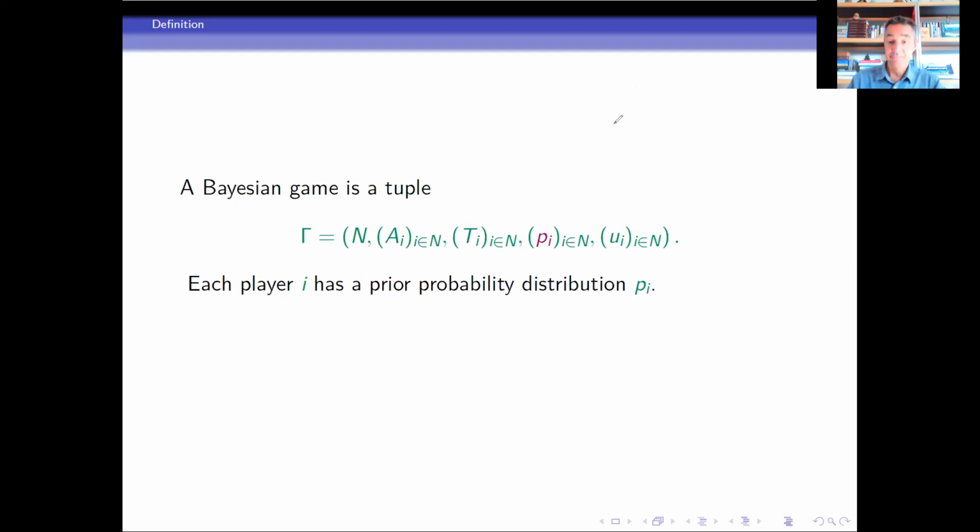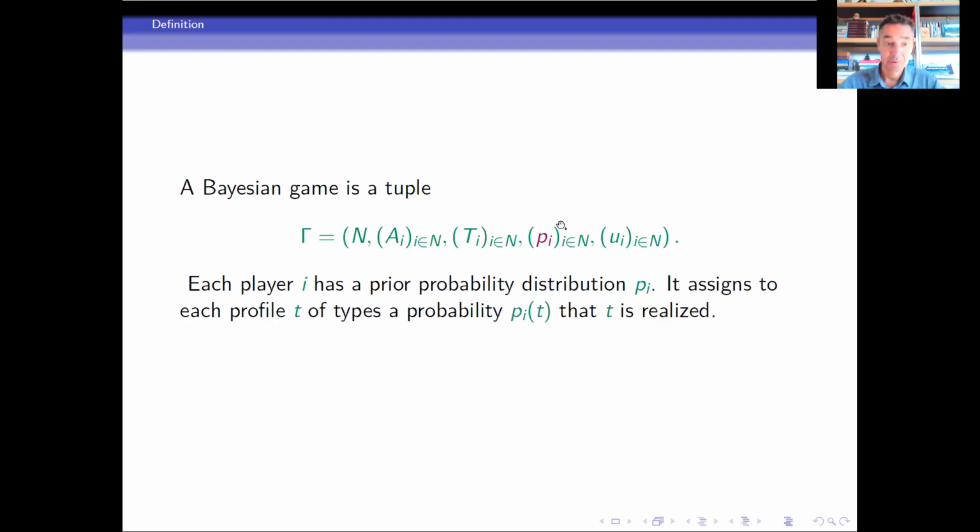So here it's on all the type profiles, not only on T minus i, but on T. So there's a probability that this profile is realized, or at least that player i thinks that it's realized.